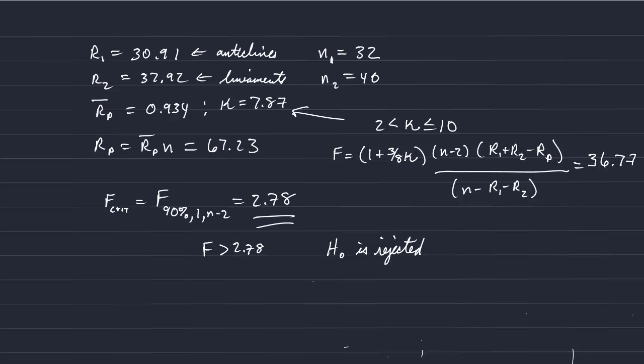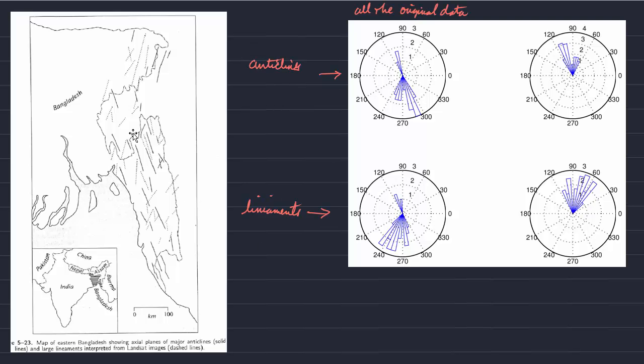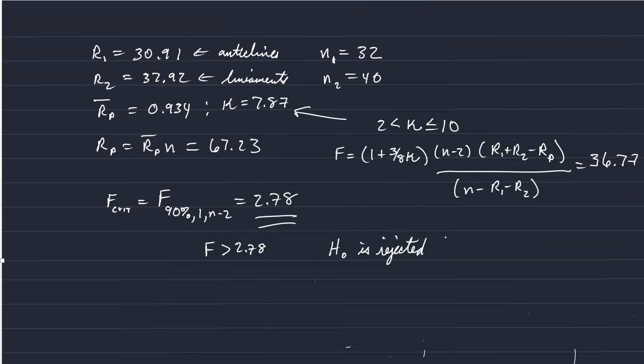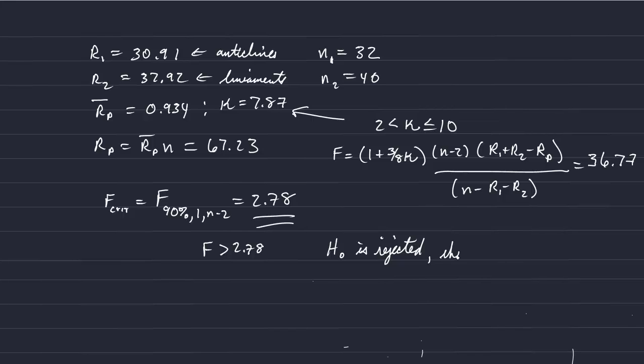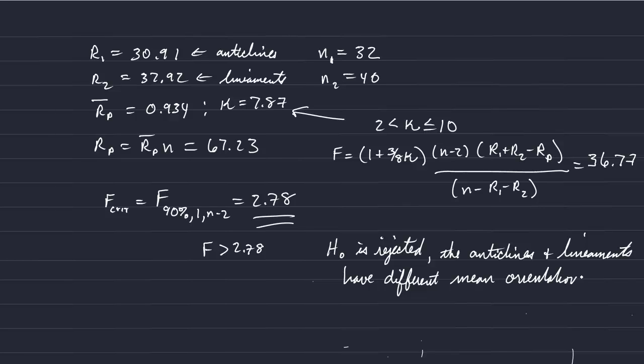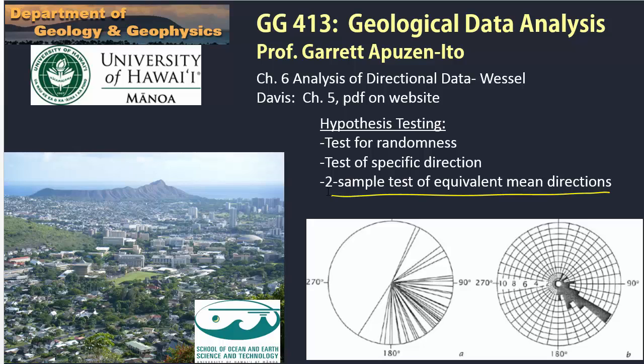The lineaments and the anticlines have different mean orientations. Okay, so that was our video that showed how to do a two-sample test of equivalence of means.